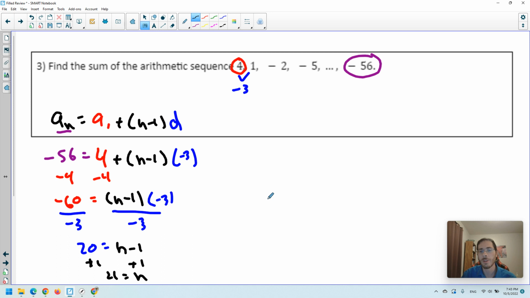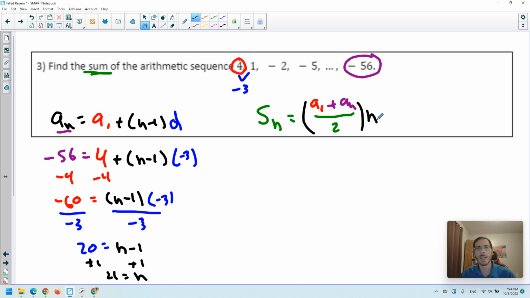Since I know how many terms there are, now I can use the sum formula, because that's what we wanted to do initially. We wanted to find the sum. So our sum formula, that's the S sub n formula. S sub n is equal to a1 plus an, divided by 2, and then multiply this by n, the number of terms we have.